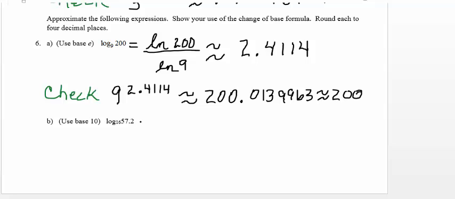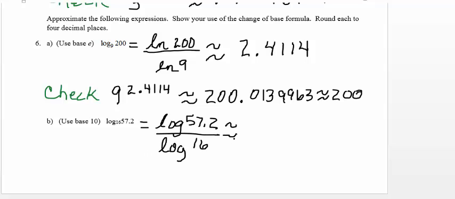So let's use base 10 to find the base 16 log of 57.2. So we're going to divide common log of 57.2 by common log of 16 and round our answer to 4 decimal places. So we get 1.4595.